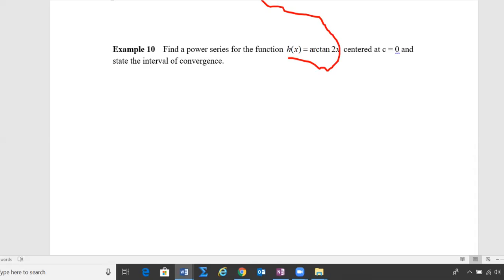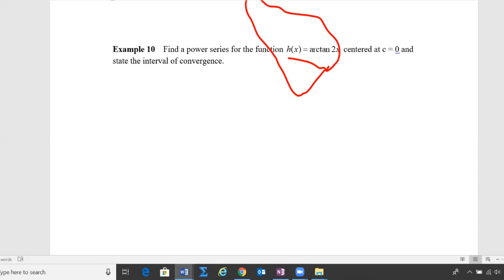Okay, what does that have to do with geometric series? The answer is nothing at this point. We don't see it.